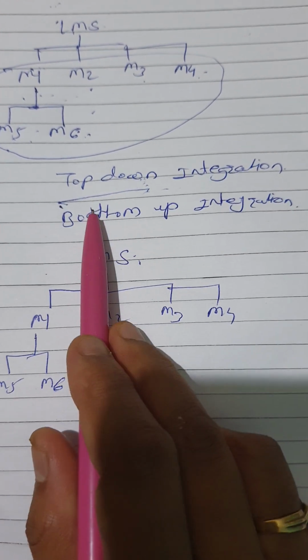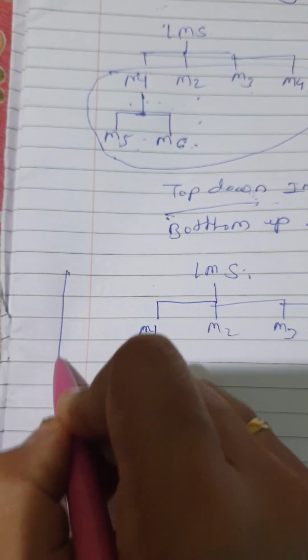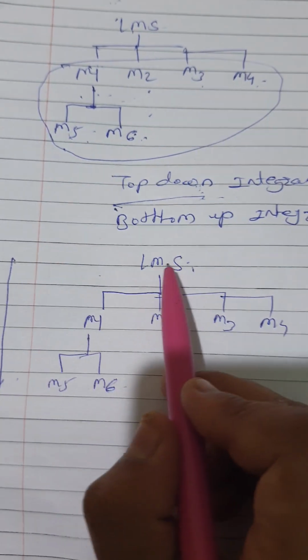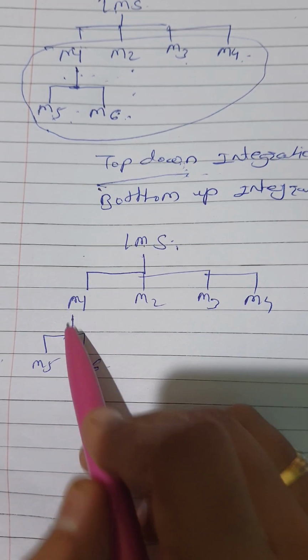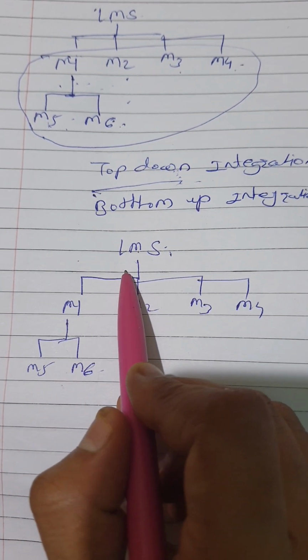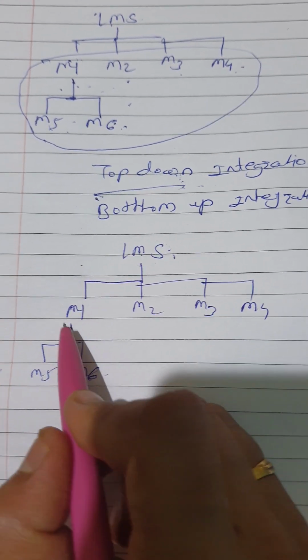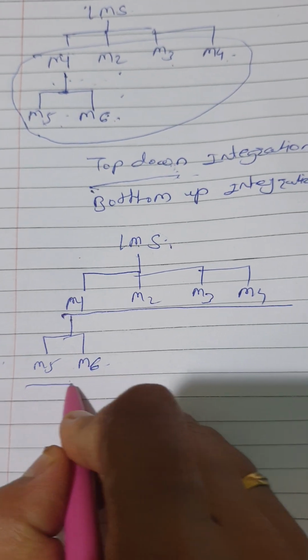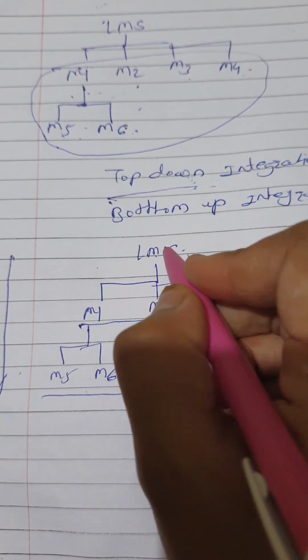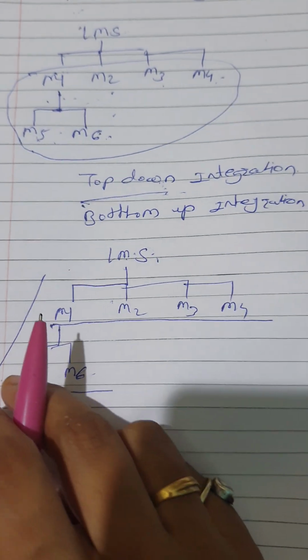So in top down integration, what is the flow of testing? From top to bottom. Testing starts from the first phase up to the last phase. First testing is performed on the LMS, the library management system, then on these modules, then on these modules. The flow is from top to bottom. This is called top down integration.